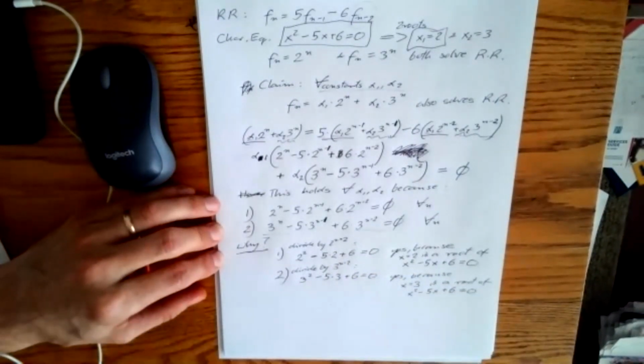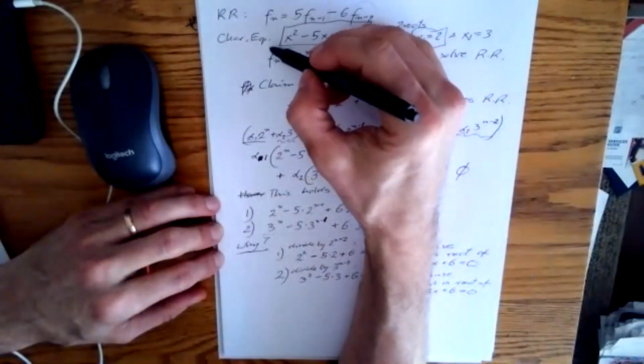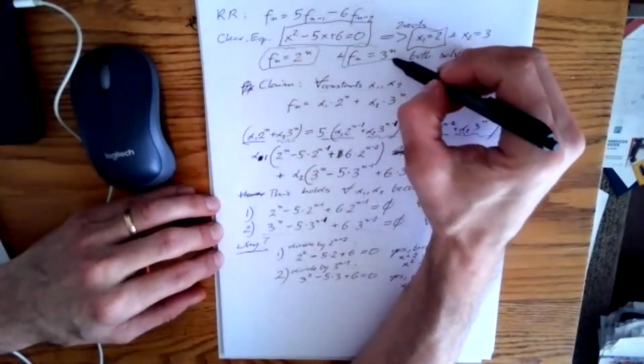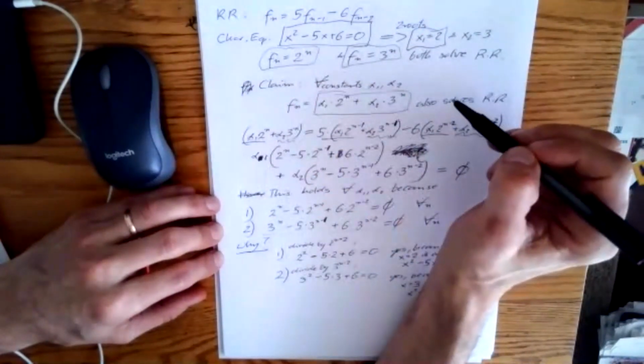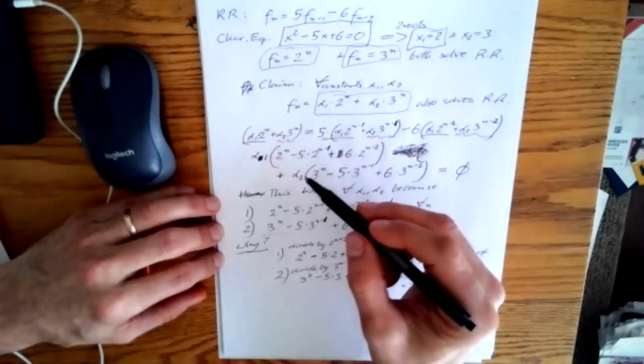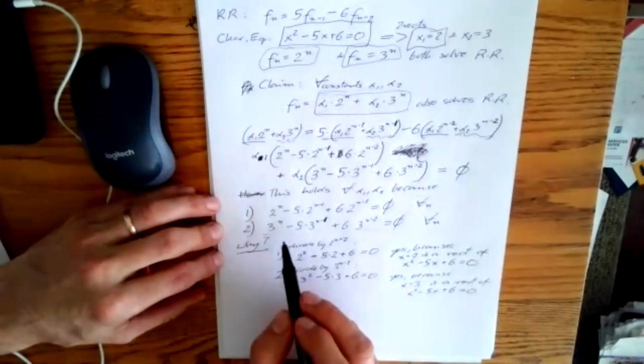Another way to look at it is that if these things are solutions, then so is their linear combination. Everything that happened here was just linearly combining these terms, and these constants completely didn't matter.